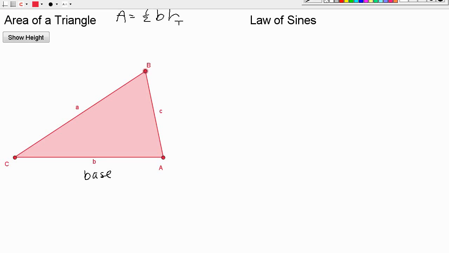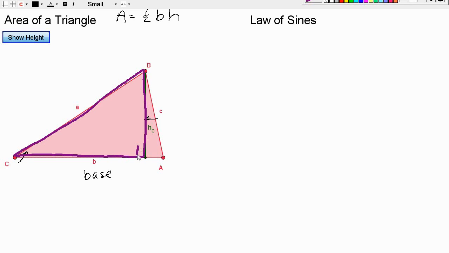Well, to figure out my height, I'm going to show you my height right now. That is the green segment right here. And I actually realize that there's a relationship between this height right here and this angle C right here. The key part is, there is a triangle right here.